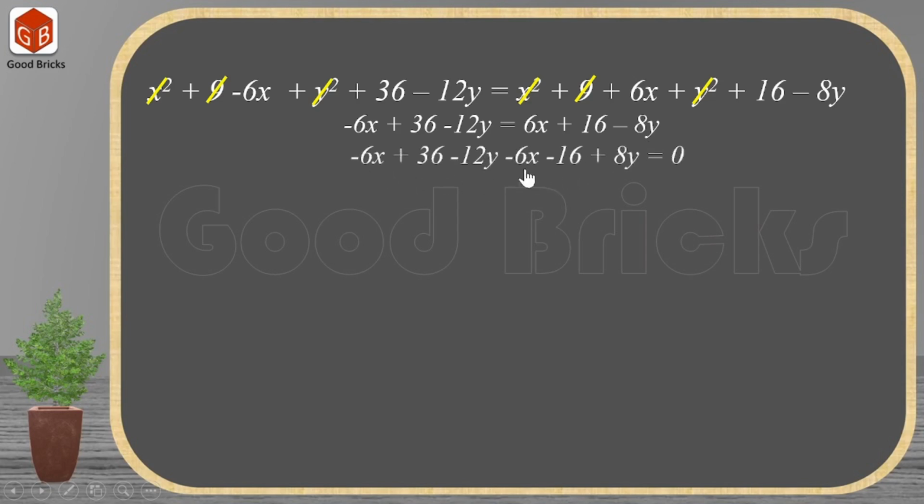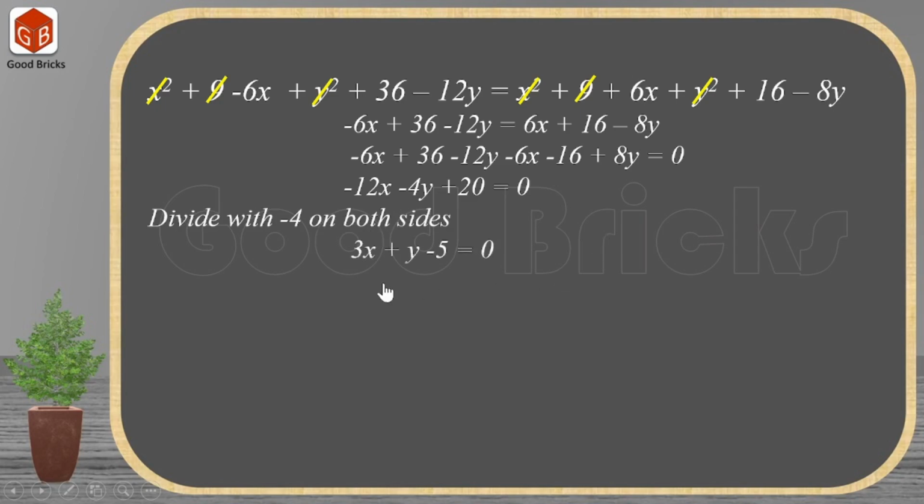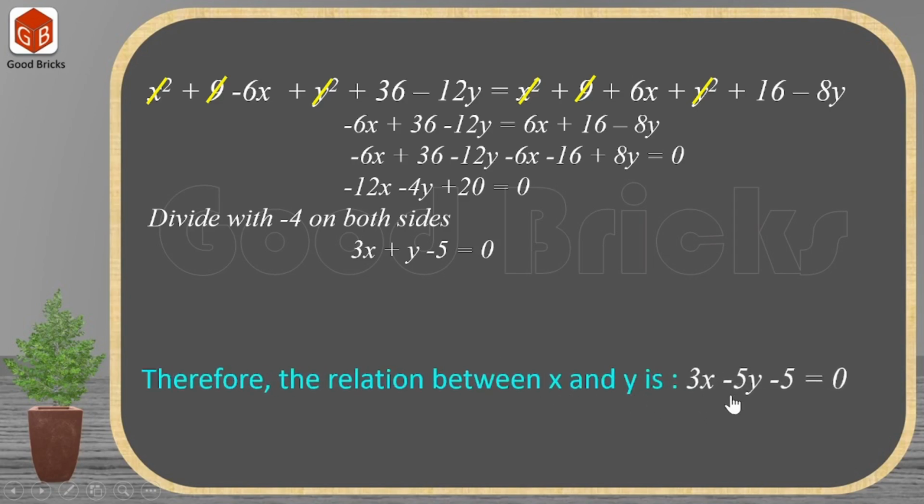Now minus 6 minus 6 will give you minus 12x, 36 minus 16 will give you plus 20, minus 12y plus 8y will give you minus 4y. When you divide by minus 4 on both sides, you will get 3x minus y plus 5 is equal to 0. Now what is this? This is the relation between x and y.